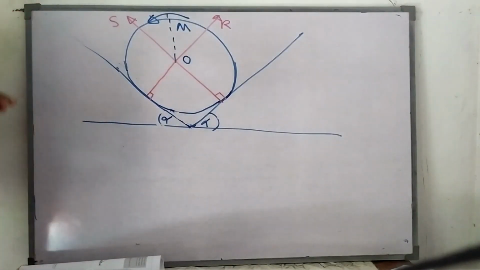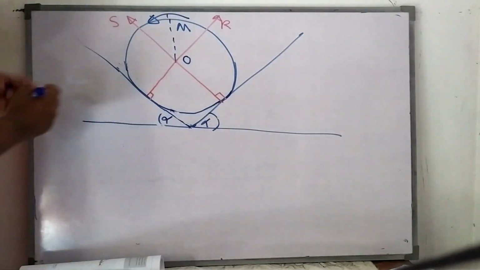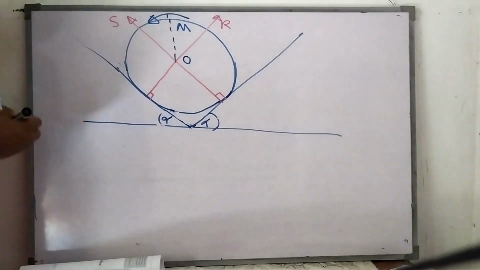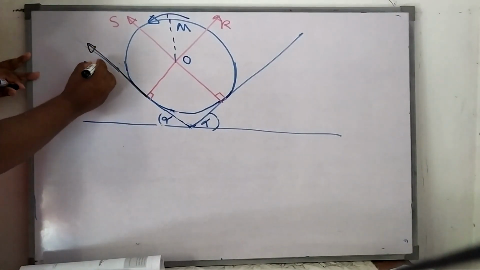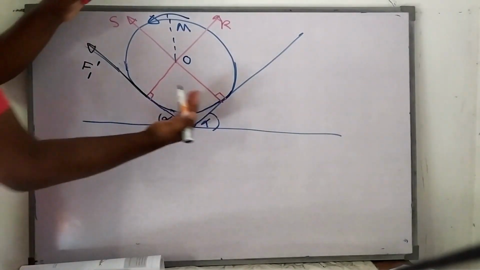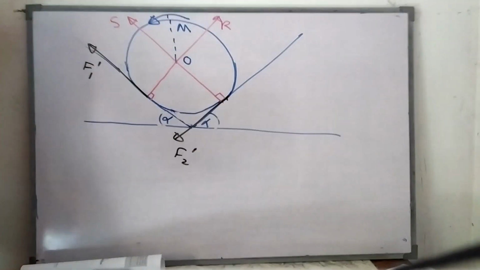And this is the couple value. So I assume it is in the anti-clockwise direction. Someone can think it's the other way around, doesn't matter. But once you put the direction, the friction is going up because it's trying to move down. The friction is always opposite. Then this is down again.